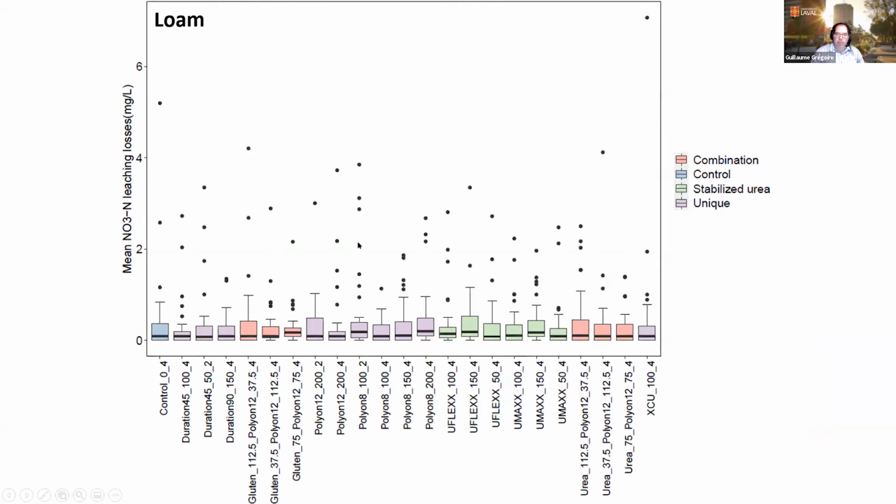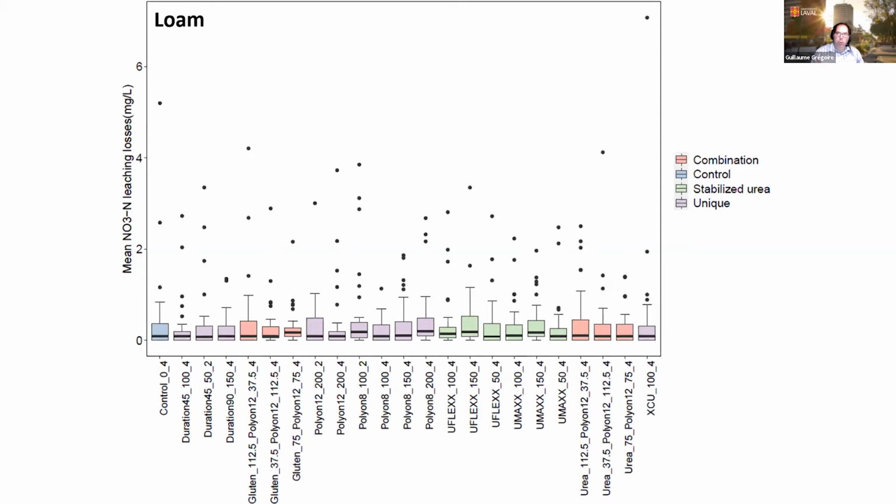For the second phase, like I said earlier, we took some of our best treatments from the first phase and tried them over a longer period, so over 20 weeks. We also tried what we call some combination treatments, which are more real-life situations, because when you go and buy turfgrass fertilizer, you will not have only one nitrogen source in there.